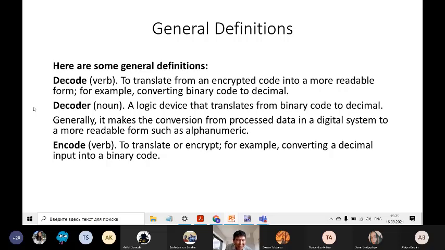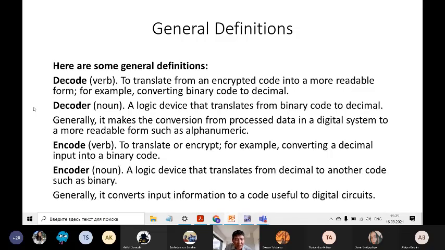Encode and encrypt should be synonyms. For example, converting a decimal input into binary code. Please write down this definition. An encoder is a logical device that translates from decimal to another code, such as binary. In general, it converts input information to a code useful to digital circuits.